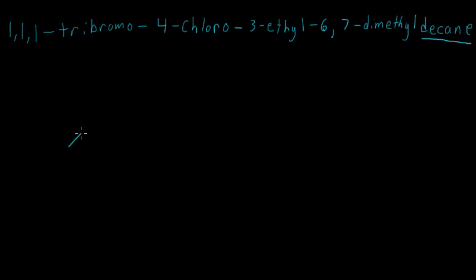So we have 1, 2, 3, 4, 5, 6, 7, 8, 9, 10. And then we can just start adding all of the substituents or groups. So we have 1,1,1-tribromo. So it's going to be 3 bromos coming off of the first carbon.